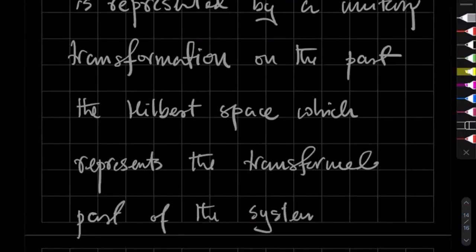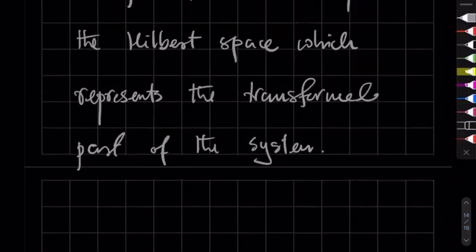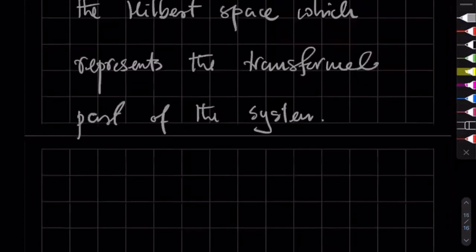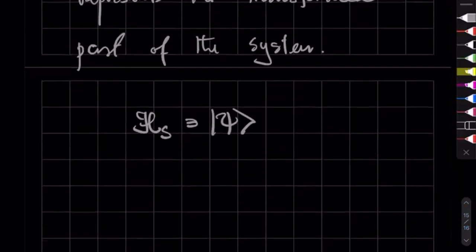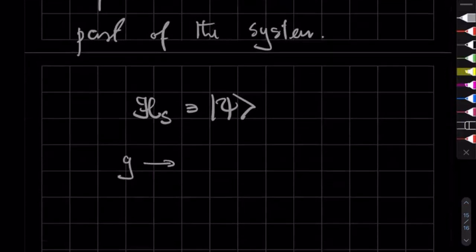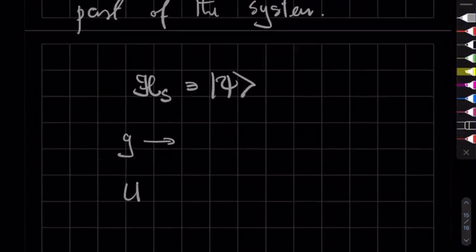Okay, so it could be that if you take the whole of the system and do a transformation on the whole system, then we make the transformation on the whole Hilbert space. So if H is the Hilbert space of the whole system, and suppose ket psi is a vector in that Hilbert space, then your transformation G, which is a transformation you make on the physical system, will induce some unitary transformation on psi.